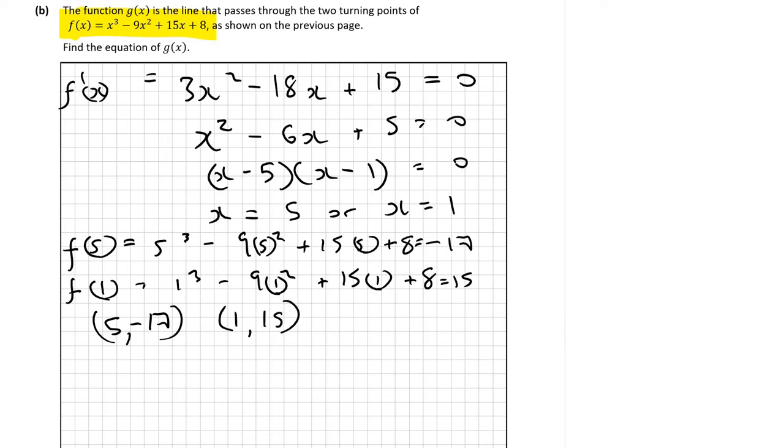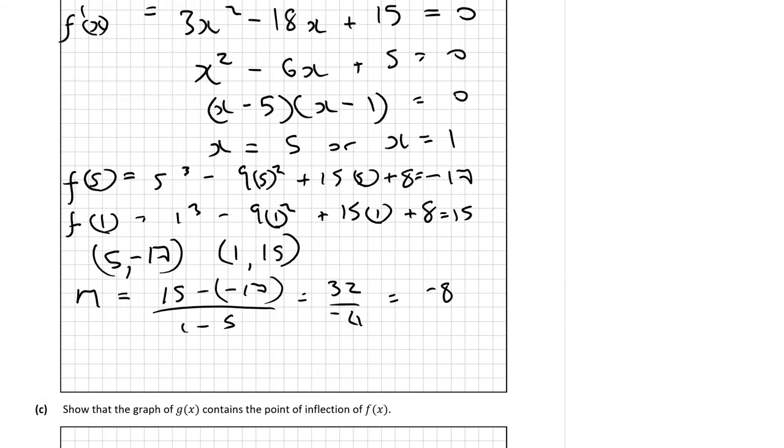They are both on g of x, so therefore the slope is going to be 15 minus minus 17 over 1 minus 5, which is equal to minus 8. So our equation then, well, the equation of any line is y minus y1 equals m times x minus x1. We can just use any point we want from the function. We may as well just stick with that one.